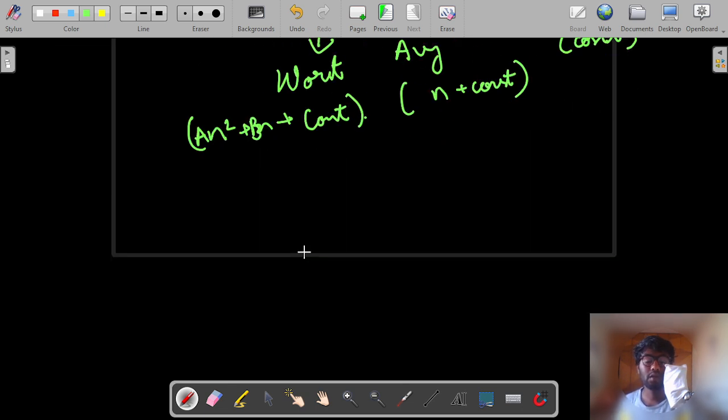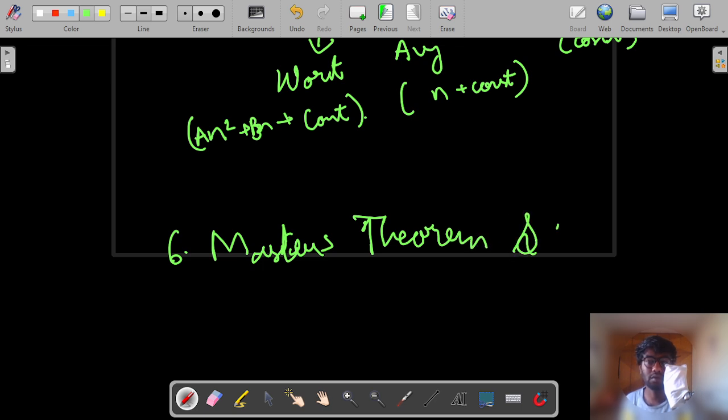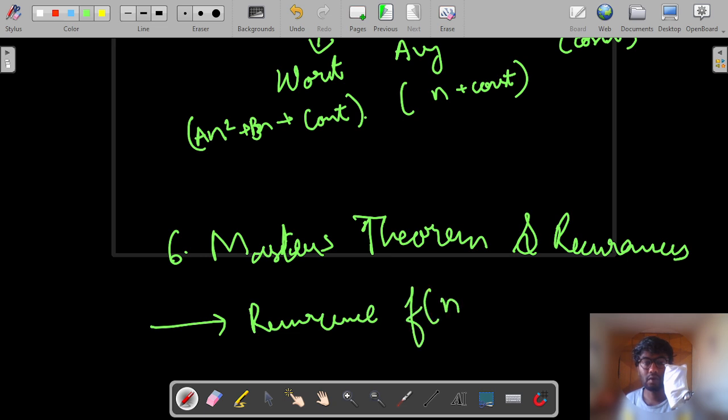And we also looked at master's theorem and recurrence. So recurrence is, let's say f of n needs to be computed for a factorial of n, then we do it like this: n minus 1 factorial, and so on, right?